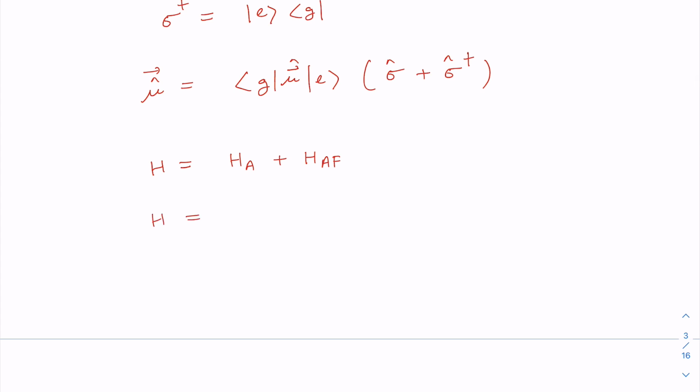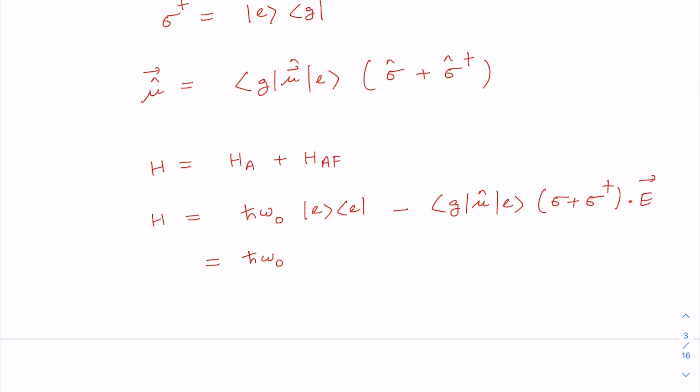Now I can write the atom part is h cross omega_0 |e><e|, minus <z|mu|e> times sigma plus sigma dagger dot E. Sometimes we can write this also as h cross omega_0 sigma dagger sigma, minus <z|mu|e> times sigma plus sigma dagger dot E.